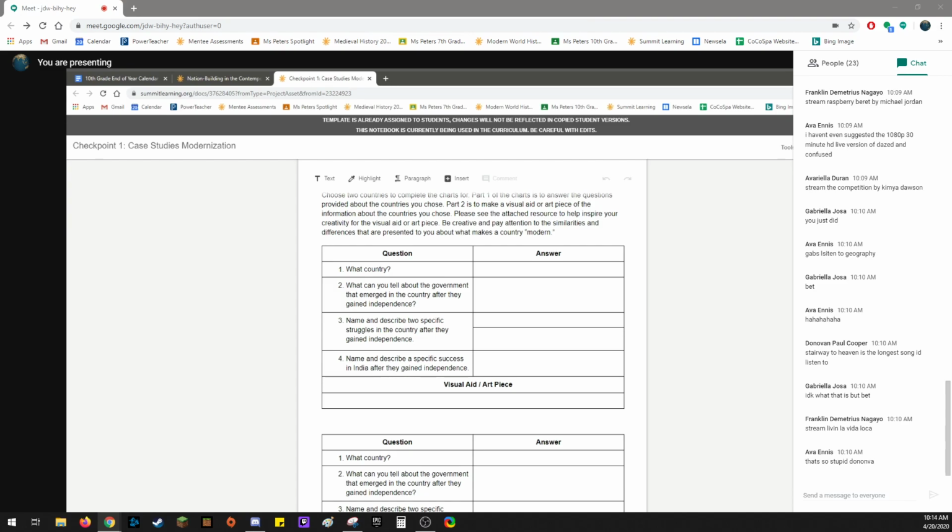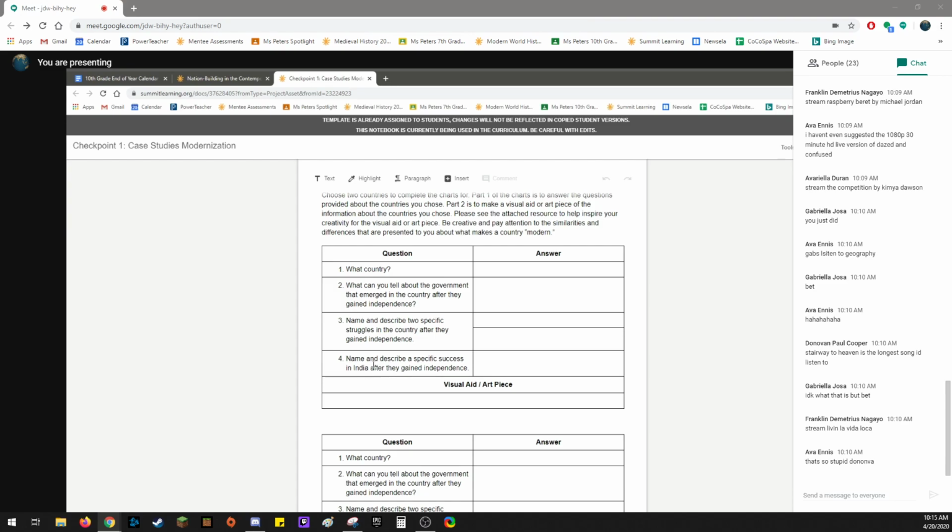So that would be a struggle in the United States, the difference in morals or opinions about slavery, or keeping the union together. So just find what those struggles are, because those often tell us a little bit about how the country came to be and how the country had to face those challenges and what they did to overcome them. And then the last question is to name and describe a specific success in the country.